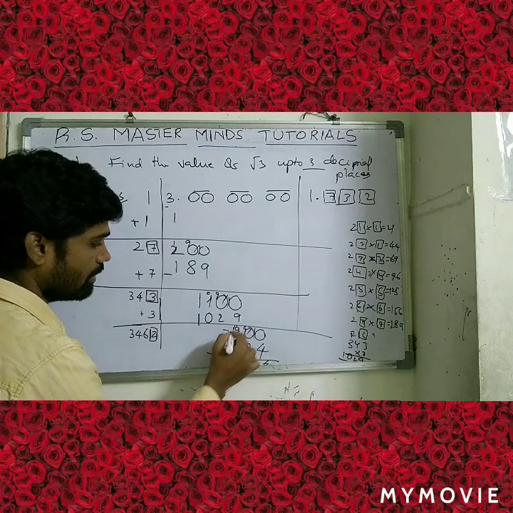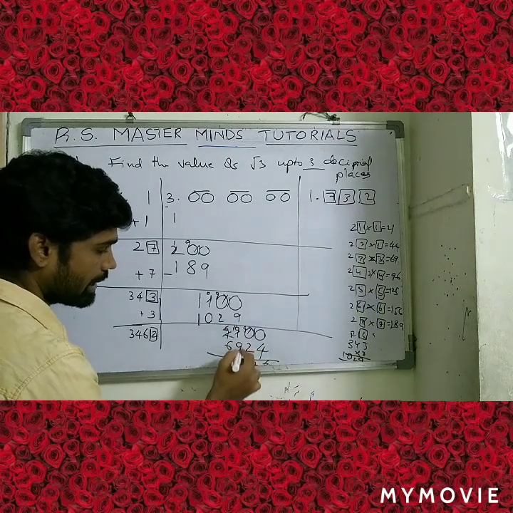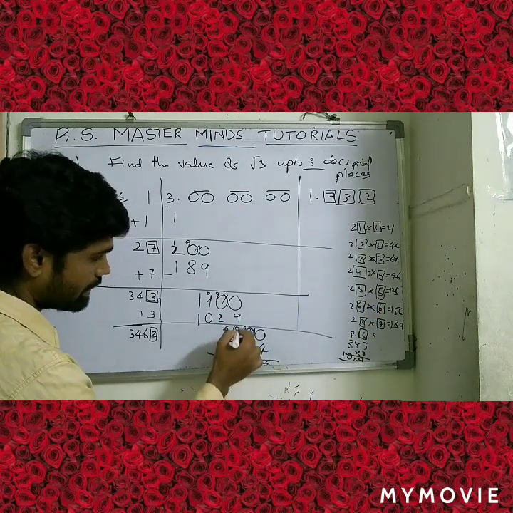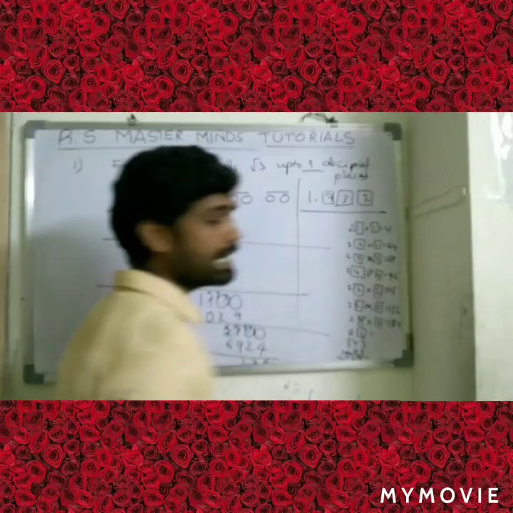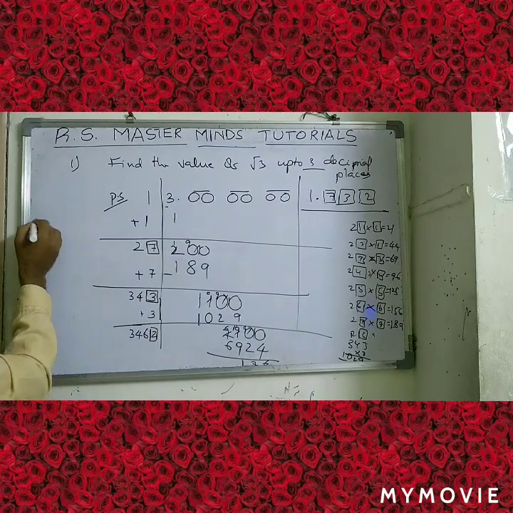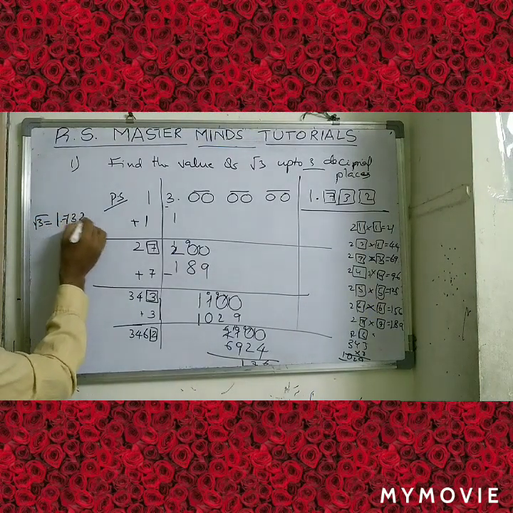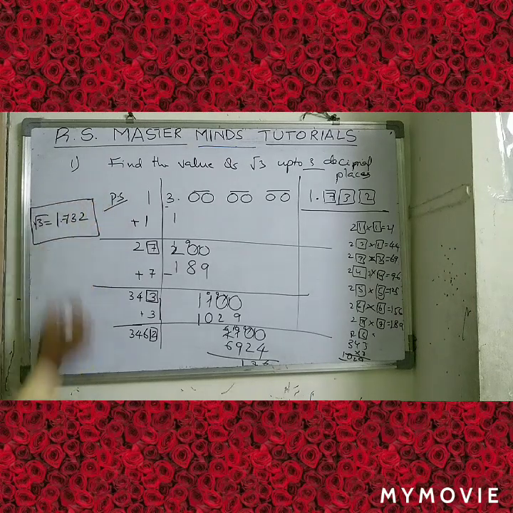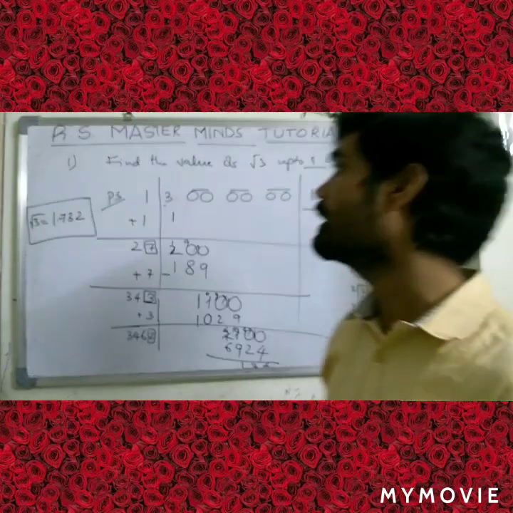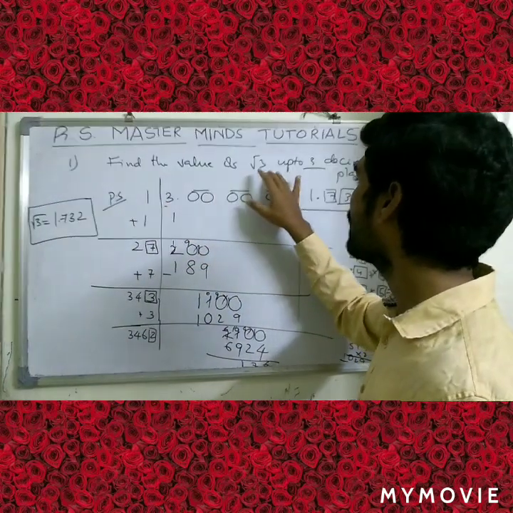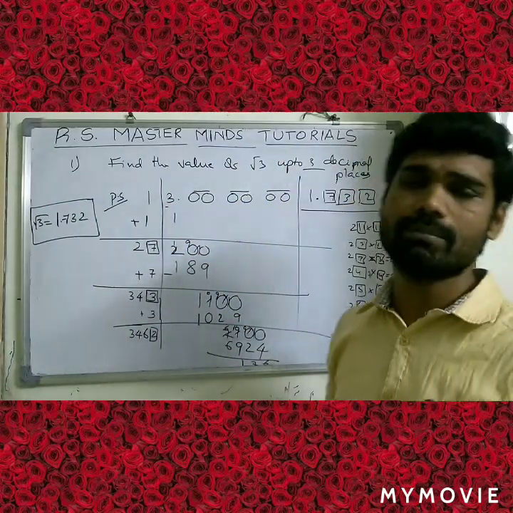10 minus 9 is equal to 1. So up to here, because we required only 3 decimal places, the value of under root of 3 is equal to 1.732. We stopped here, up to 3 decimal places, because the question asks to find the value of under root of 3 up to 3 decimal places.